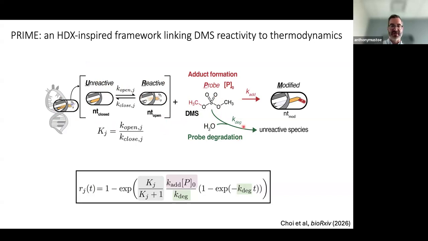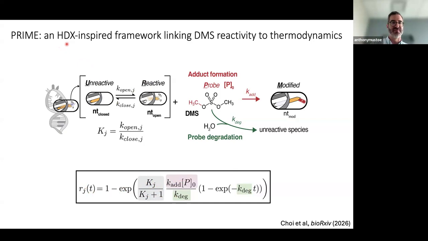So we can build a kinetic thermodynamic model of the reactivity process, where we can say that the reactivity of a nucleotide as a function of time is going to depend on these rate constants: the rate of DMS modification at a single-stranded nucleotide, the degradation rates, as well as now this equilibrium constant between this unreactive and reactive state. And this is this thermodynamic information that we're really interested in.